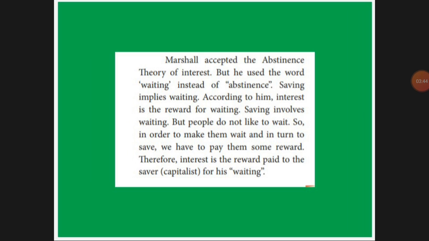That's why this theory is also called the waiting theory. When you save, the next day you cannot have interest. We have to wait for one month or two months or a year to get the interest. For that waiting, the reward has to be given. That reward is called interest. That's why it is called the waiting theory.